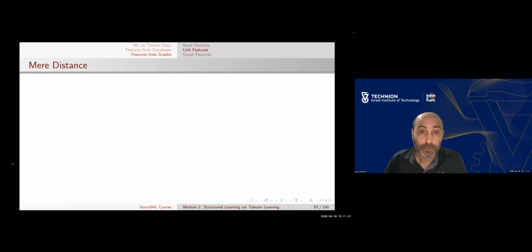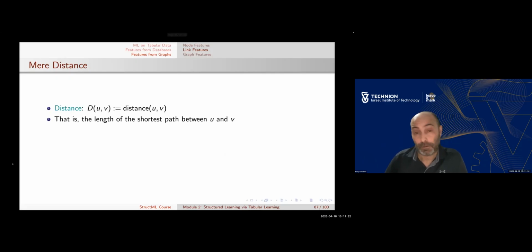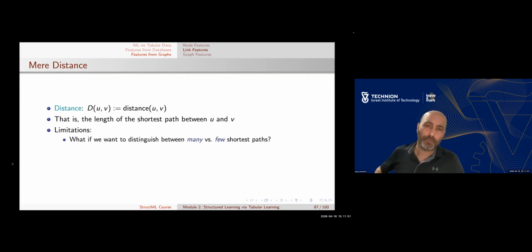You can also look at distance-based features. Well, simply the distance itself is an example: take the length of the shortest path between U and V. Now, one can say the shortest distance is fine. However, we do want to distinguish between cases when there are many shortest paths or just one or two shortest paths, many versus few.